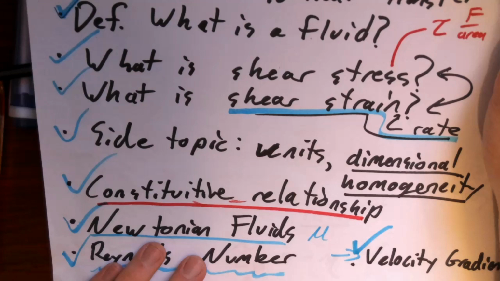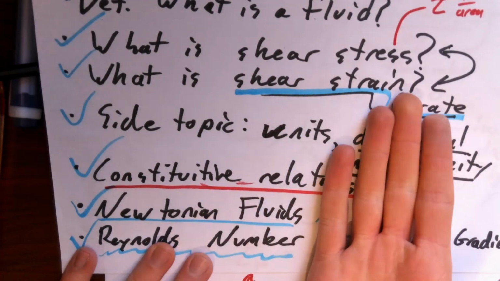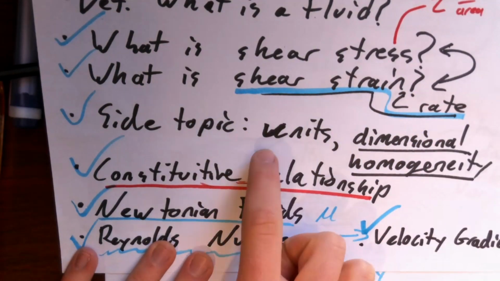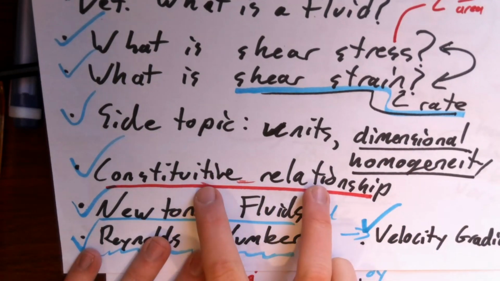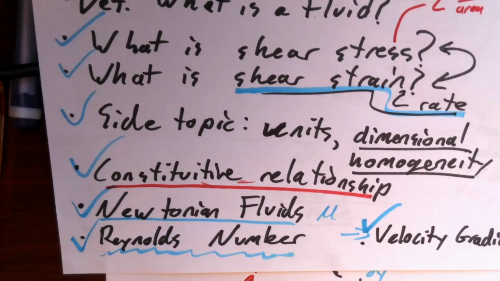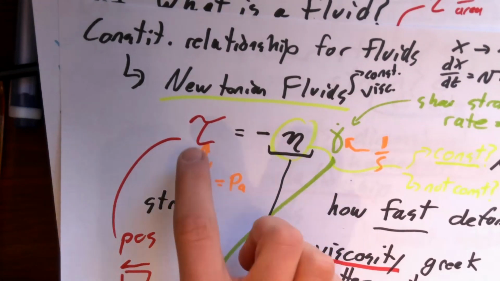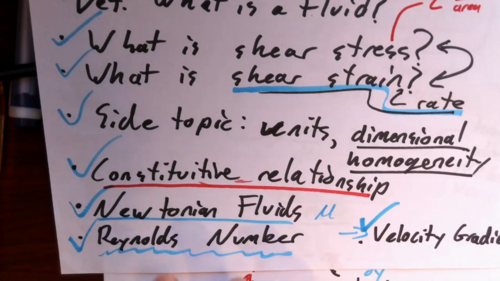That then got us talking about constitutive relationships, but before that we needed to talk about units, and how the units on the left-hand side of the equation and the right-hand side need to balance due to dimensional homogeneity. We talked about constitutive relationships for fluids and solids, and the most important of those, which relates shear stress to shear strain rate, was that of the Newtonian fluids.